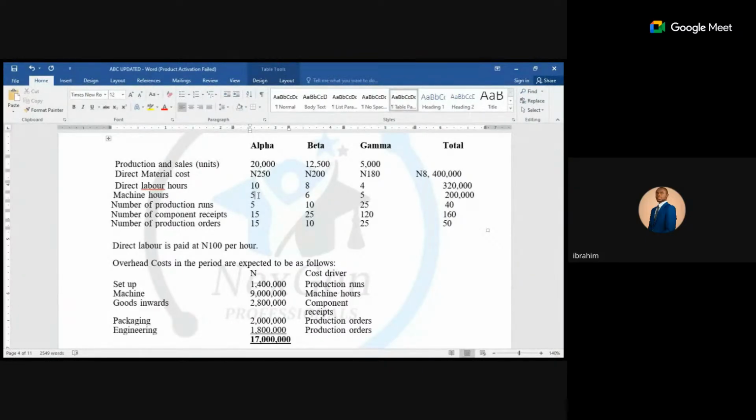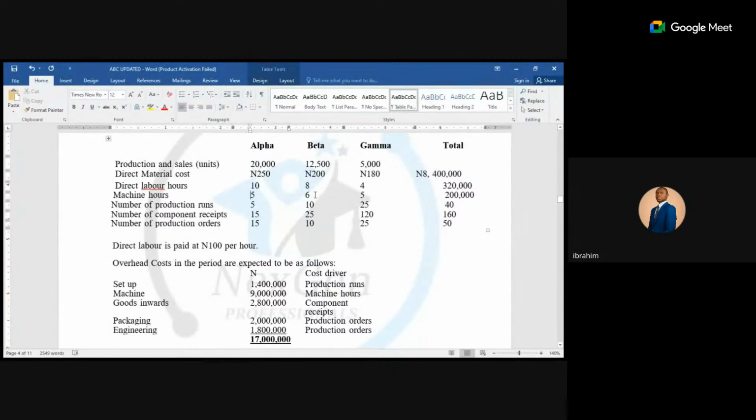The question is, how many units did they produce? They produce 20,000 units. What is the total hours it will take to produce 20,000 units? It will be 5 hours per unit times 20,000 units, giving the total hours to produce alpha.